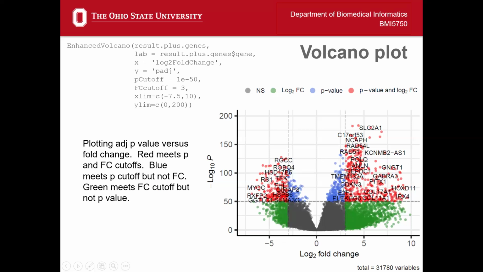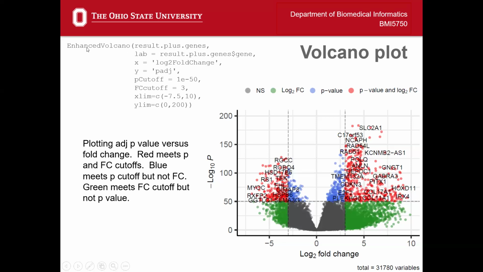So you can say these red dots, these red genes, on this positive side with a very small adjusted p-value, those are your most interesting on your tumor side. On the other side, the negative side, these red dots are most interesting, more highly expressed in our normal samples.